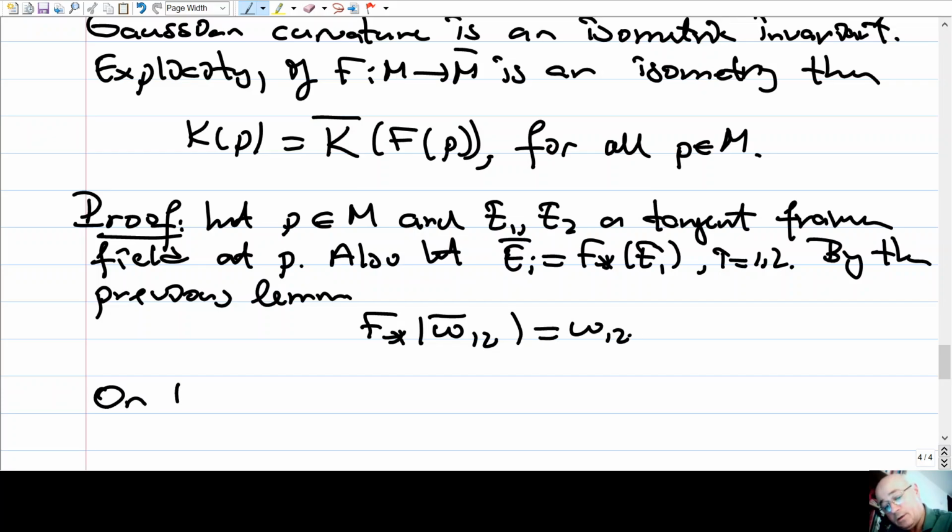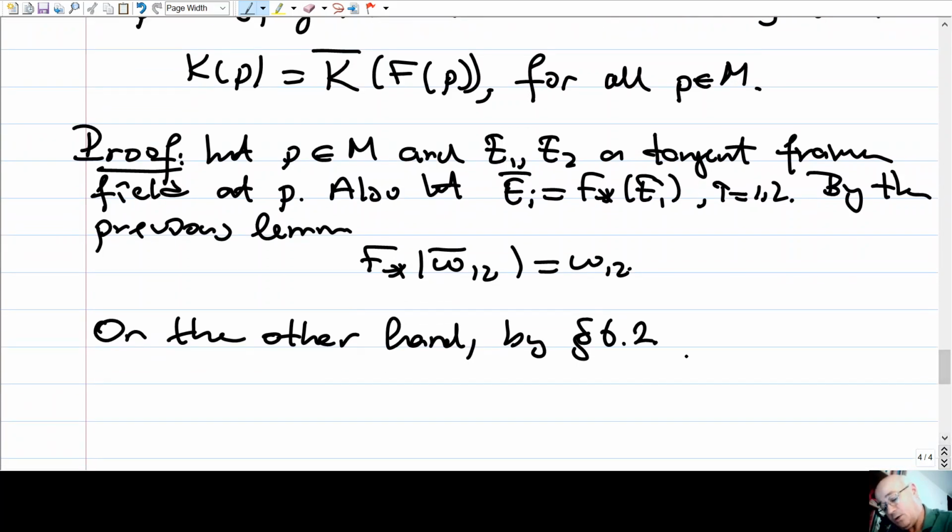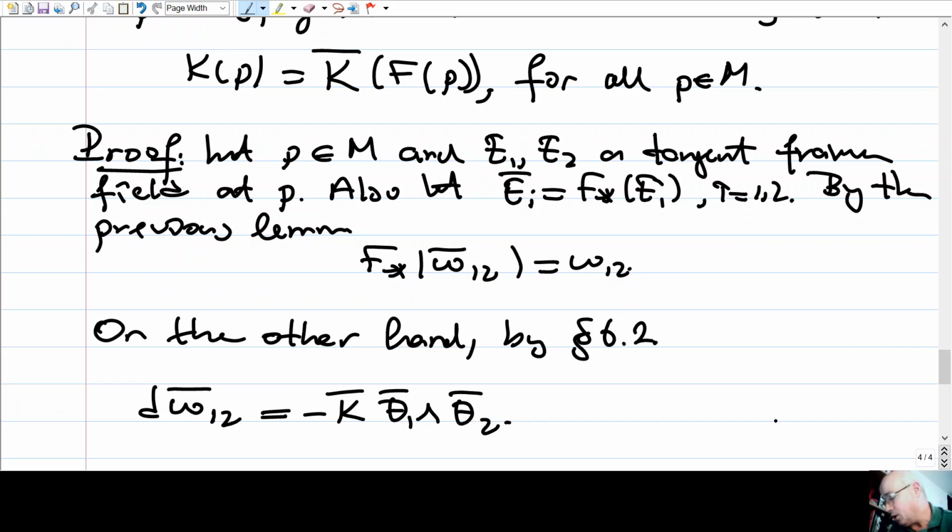On the other hand, by section 6.2, we had these equations for the Gaussian curvature. On the surface M bar, if we take the derivative of the connection 1-form omega 1 2 bar, we get minus the Gaussian curvature times the 2-form, which is omega 1 bar wedge omega 2 bar.